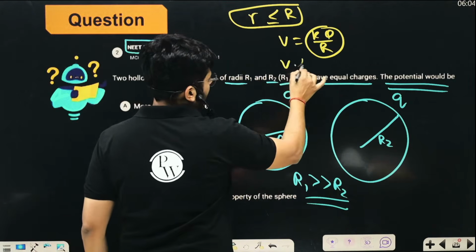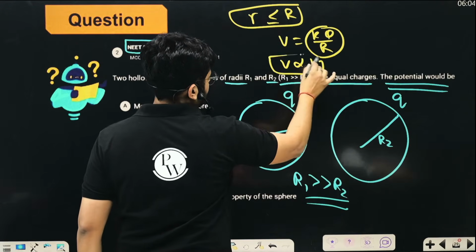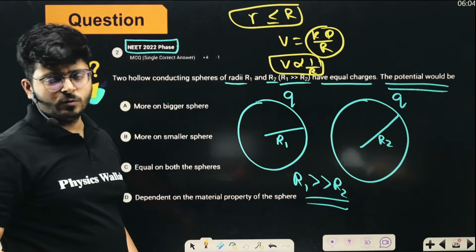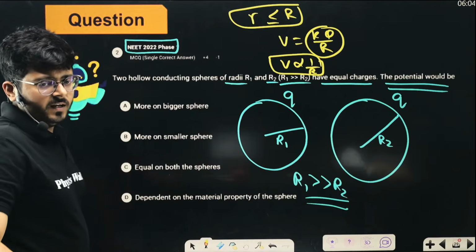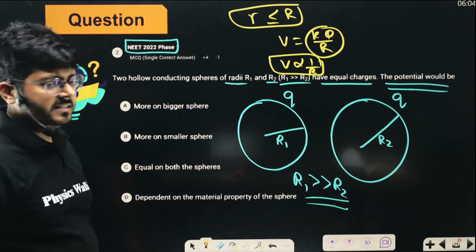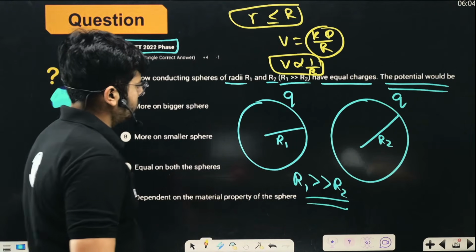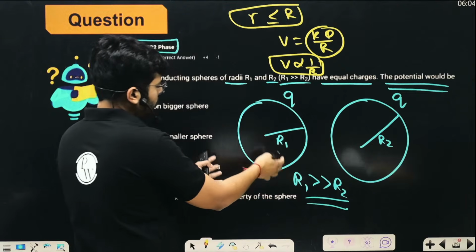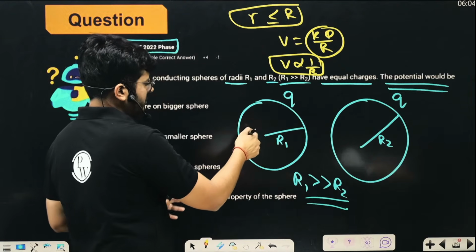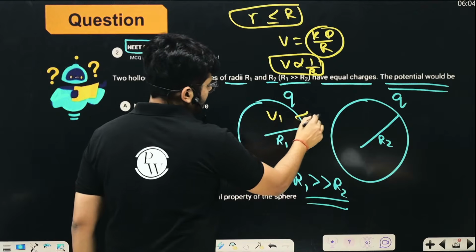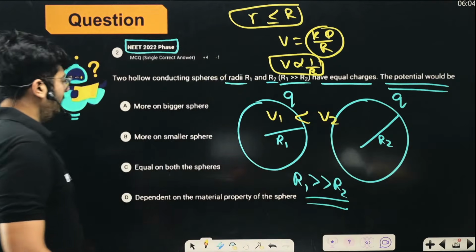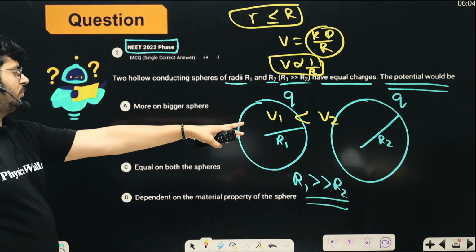So the bigger sphere will have lesser potential throughout. Yes or no? More the radius, lesser the potential. R1 is more, so V1 will be lesser than V2. So we can say that it is more on the smaller sphere.